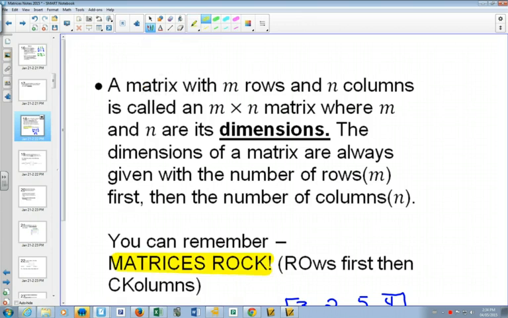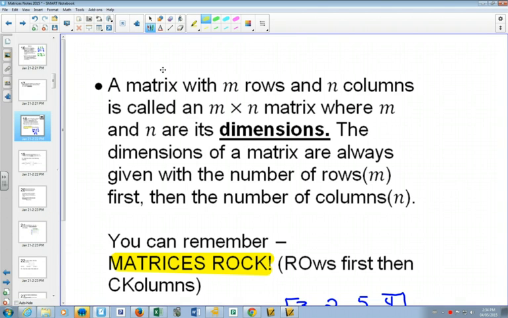Matrices rock. And if you think matrices rock, you will remember rows first. And then depending if you have a Russian or an English spelling of columns, it could be C or K, or you could just pronounce it columns, maybe like that. And then you have matrices rock. And it's easy to remember that it's rows by columns.